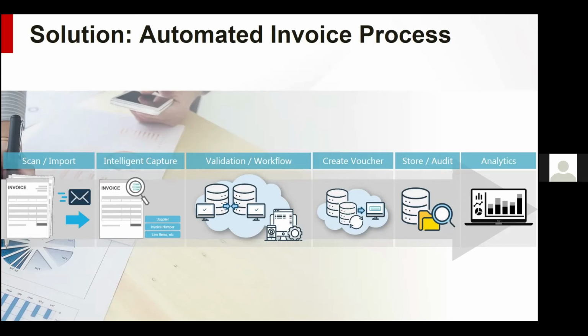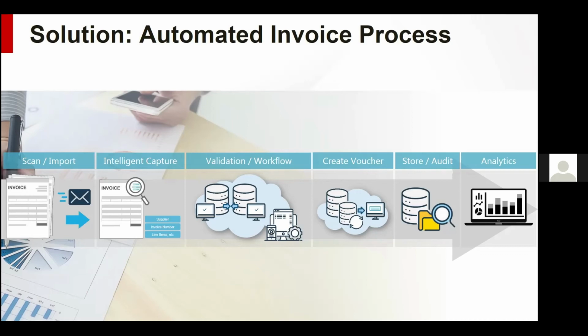Information such as supplier name or invoice number or PO number, also line items from a PO-based invoice. So it's extracting specific data that it will validate now in the next step against the master data in your JD Edwards system. It will validate that data against the open PO that the invoice was created from.